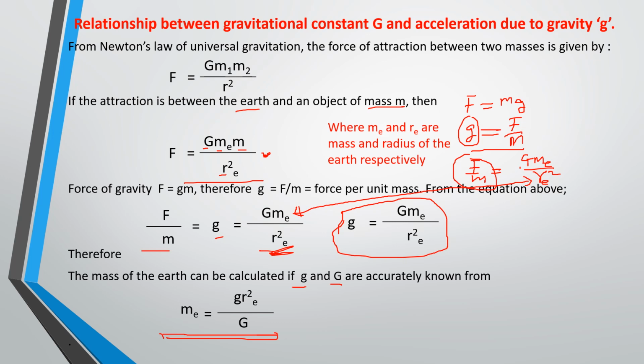Is that okay? So this is the relationship between acceleration due to gravity and the universal gravitational constant. This is just it, and right away we are going to solve problems that explain this better. So let's go straight.